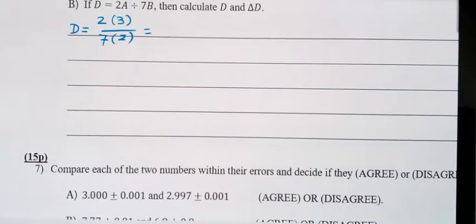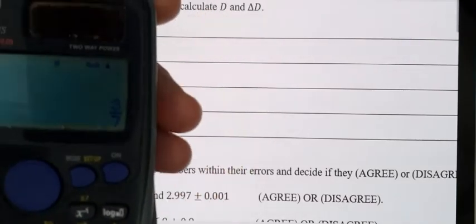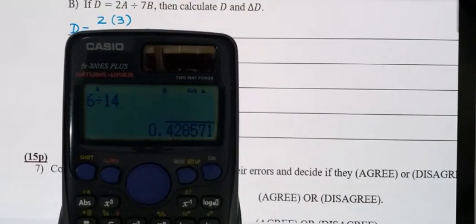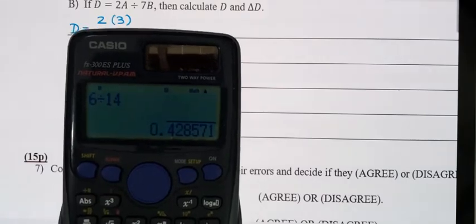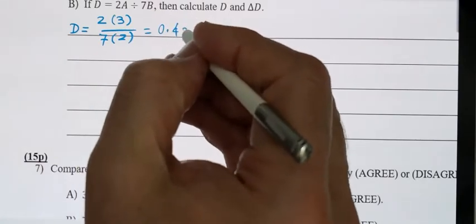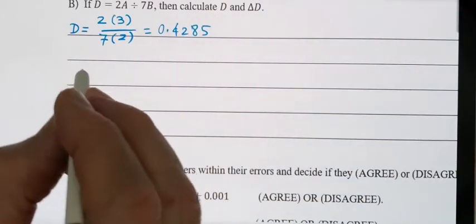So what's this on the calculator? 6 divided by 14. 0.428. 0.4285. So that's D. Let's find delta D.